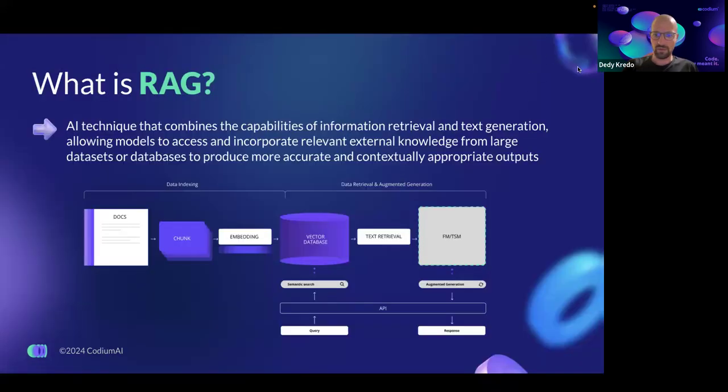Perfect. So first of all, what is RAG? I'm sure most of you know it, so I'll just go through it very quickly. The idea here is that LLMs have been pre-trained on a bunch of data, but it's not your data, right? So what we do with RAG is that we pre-index a bunch of documents.